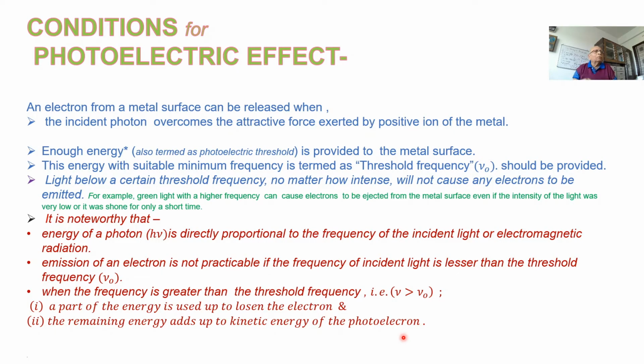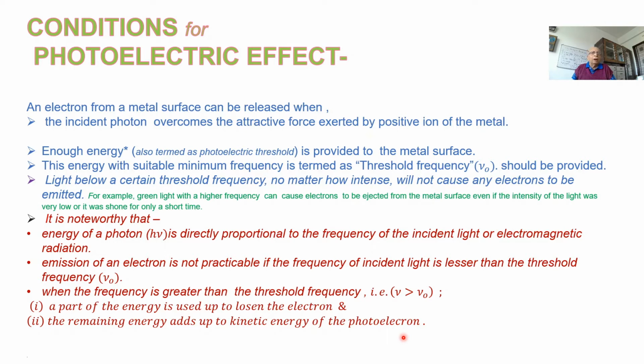Now let us see what are the conditions which cause photoelectric effect. Primarily, as known to us, electrons are attracted by the nucleus of an atom, and therefore whatever energy we provide over the metallic surface should overcome the attractive force exerted by the positive ion of the metal.